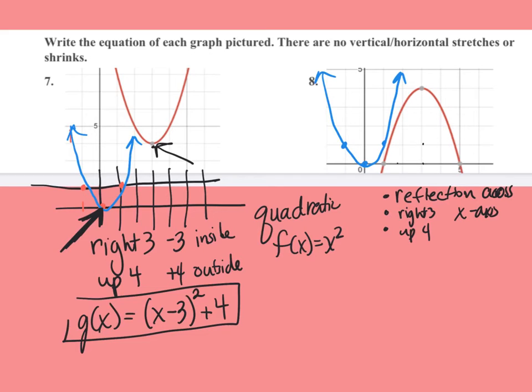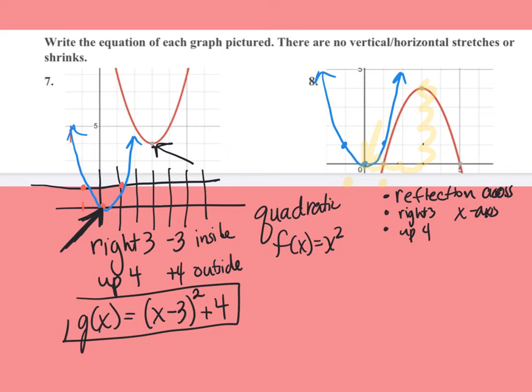Now, when I look at this first, I'm going to think about the reflection. The reflection, I'll use yellow dots, would be here, here, and here. Would I still be moving this point here right 3 and up 4? 1, 2, 3, 4. Yes, I would.